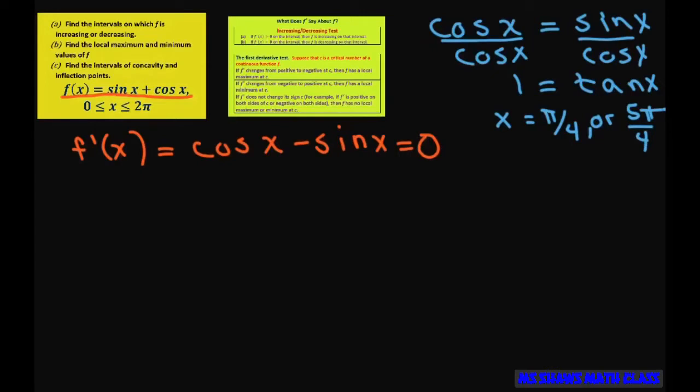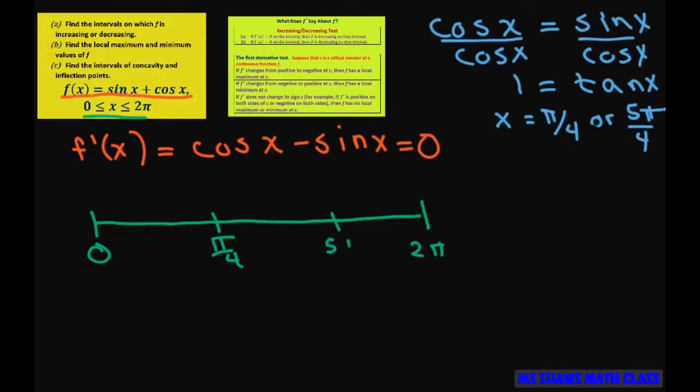All right, now we're going to test for increasing and decreasing from 0 to 2 pi. So I'm going to do a sign diagram, from 0 to 2 pi, and put in our critical values, pi divided by 4 and 5 pi divided by 4.